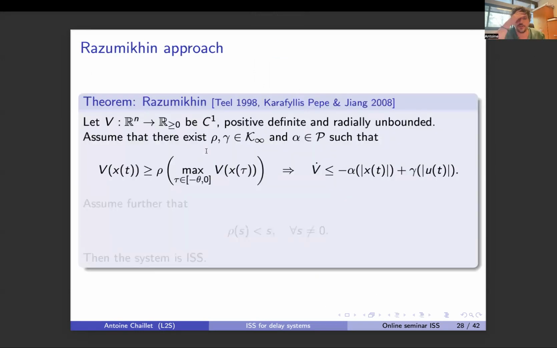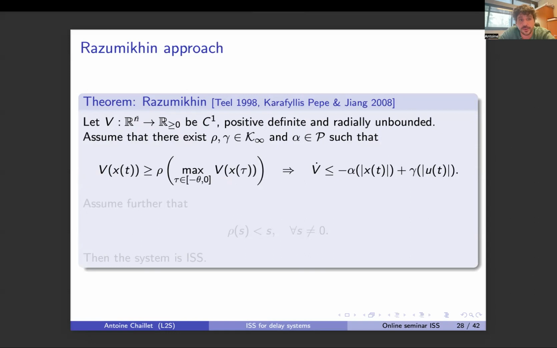So I have said a word about Razumikhin. Let me come back to this result. It's a very interesting alternative to the Lyapunov-Krasovskii approach. I believe that it's not as general as the Lyapunov-Krasovskii approach, but it has the interest of involving mostly finite-dimensional theory, because it works with a function, not a functional.